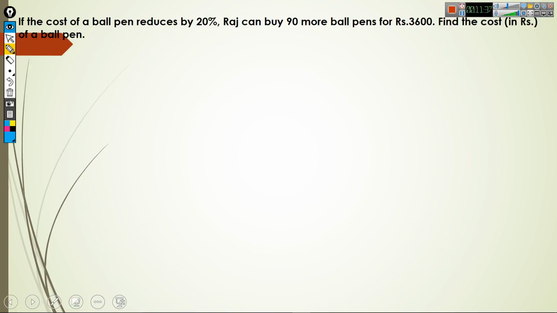If the cost of a ball pen reduces by 20%, Raj can buy 90 more ball pens for rupees 3600. Find the cost of a ball pen. So suppose initially the cost of one pen is x rupees. Now the cost of the ball pen reduces by 20%. So 20% of x is 0.2x.